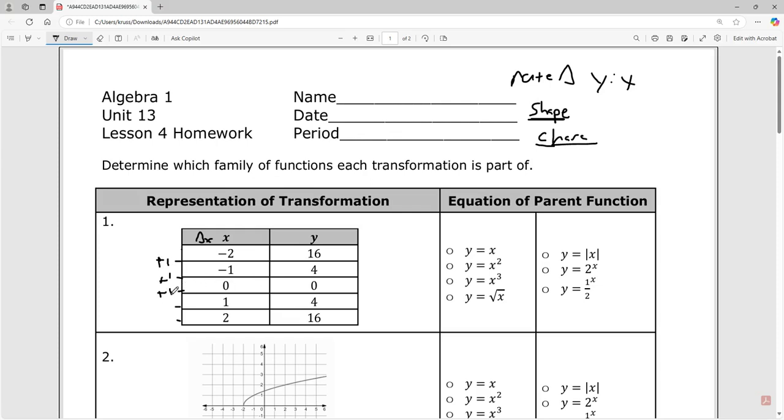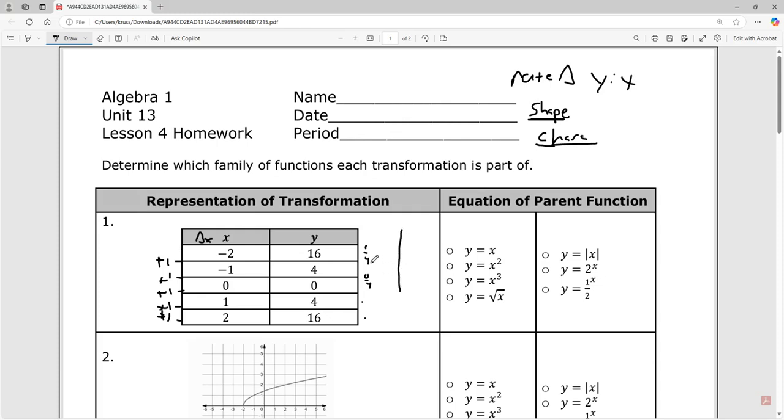So this is +1 and this is +1. So as x changes by 1, how much does y change? Well, from here to here it went to 1/4. From here to here, well, it's 0 divided by 4, which isn't a number. But then it starts going back up again, right?